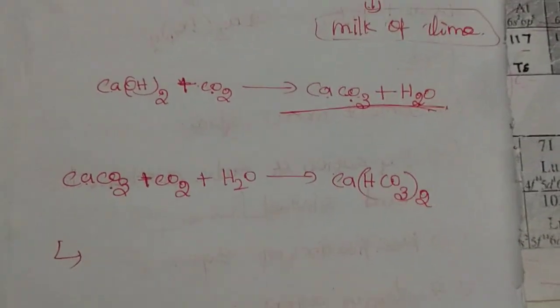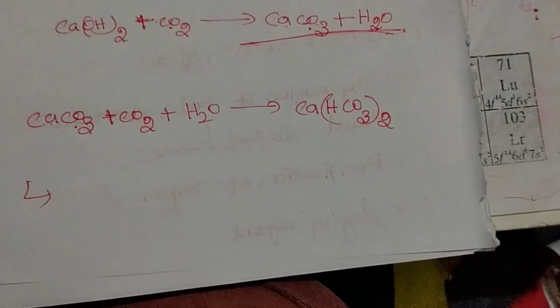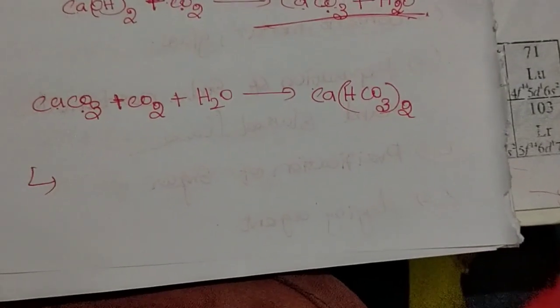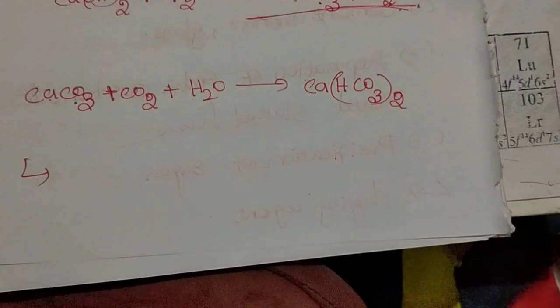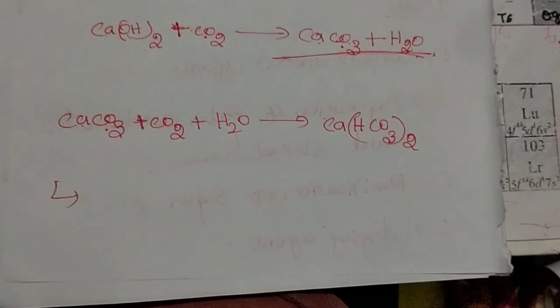Next property, milk of lime reacts with chlorine and forms hypochlorite. We use this hypochlorite as a bleaching powder, for bleaching water.